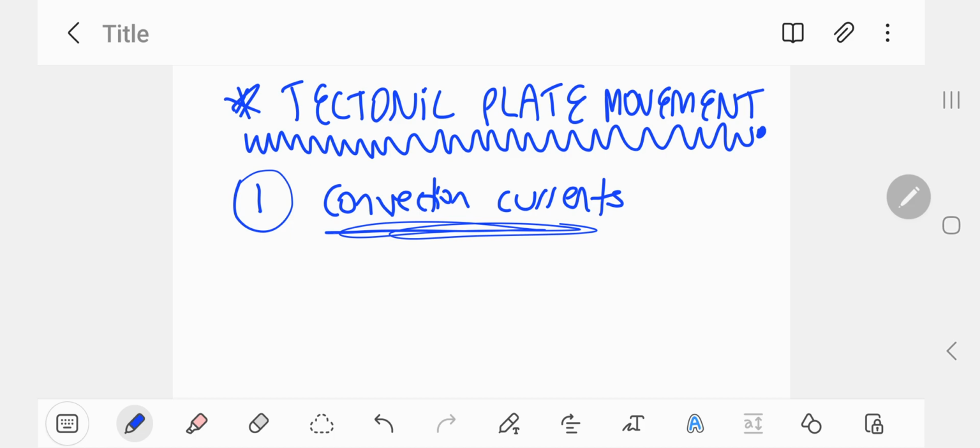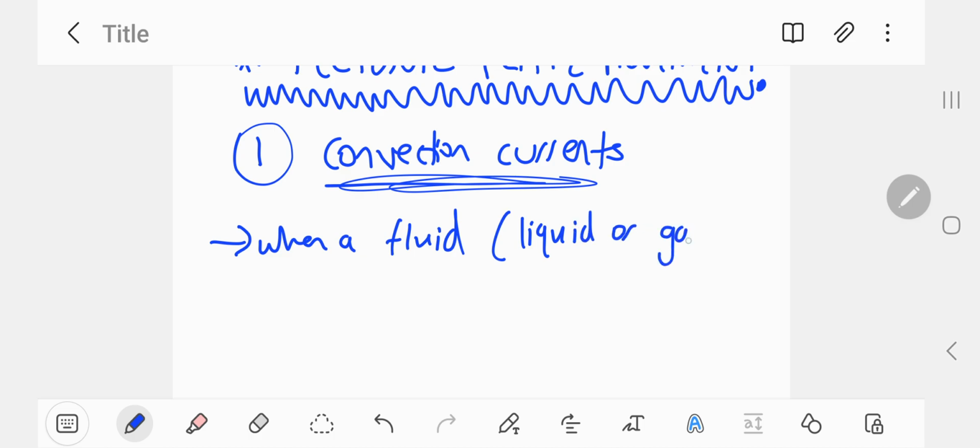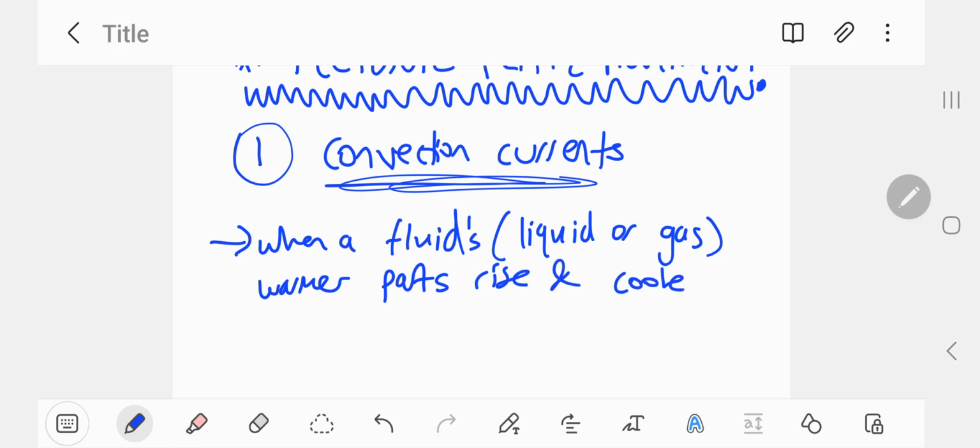So a convection current is basically formed when a fluid, and fluid in physics generally means liquid or gas, so not just a liquid. When a fluid's warmer parts rise and cooler parts sink.